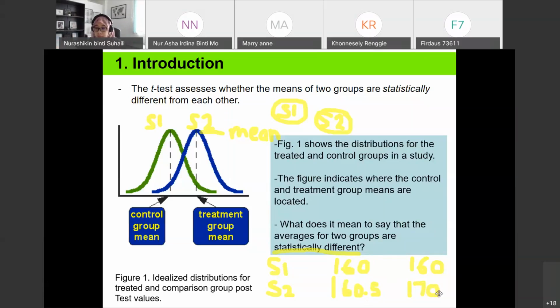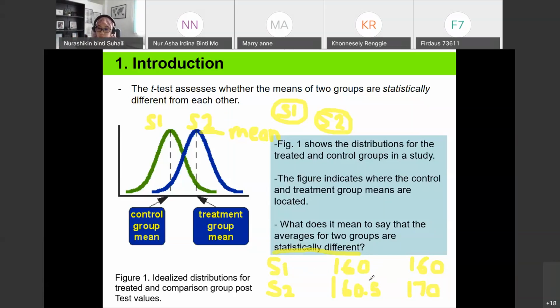It's at 10 cm. But in statistics, we have to test the difference. We have to do statistical analysis, although we know that the difference is not much. When we come up with the term statistically different or statistically not different, we have to use certain statistical tests.